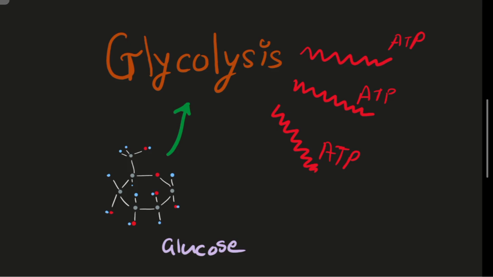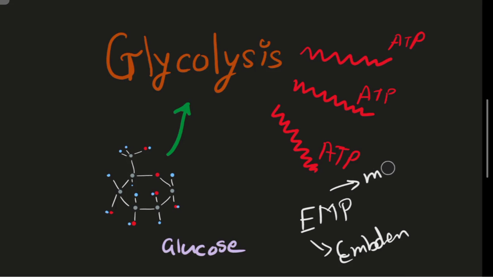Glycolysis was discovered by three German scientists named EMP, that is Embden, Meyerhof and Parnas. So these are scientist names.